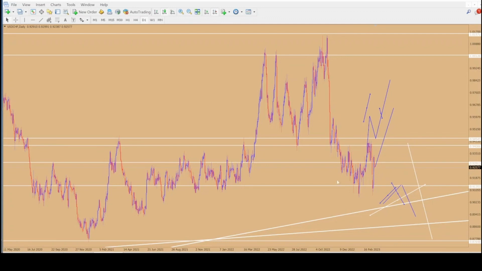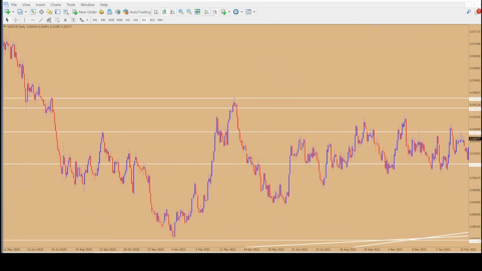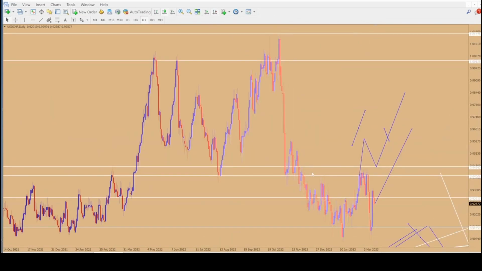So what do we expect? Personally, I expect the market to keep pushing higher, because this particular bullish momentum is a sign of some really huge involvement of investors in the market against the other pair, right? So investors came in for USD, CHF couldn't handle it, and we had a surge.